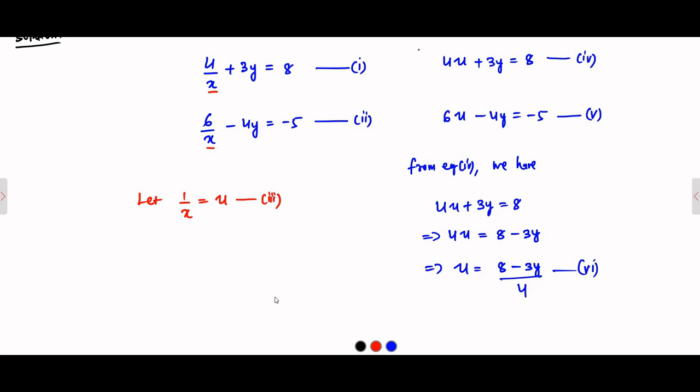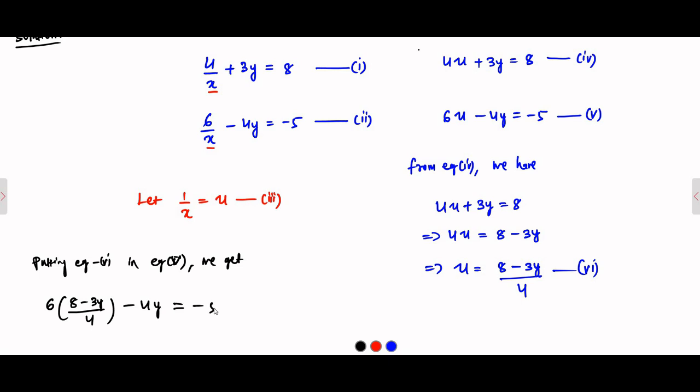Now when we put equation 6 in here, equation 5, sorry, v, we get 6 into (8 minus 3y) by 4, that is here 6u minus 4y is equal to minus 5.